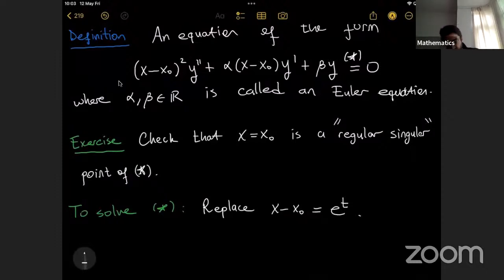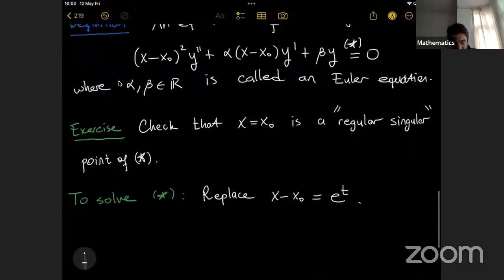Then let's see how we can replace this. We need the derivative of y in terms of t. Well, you can think of y as a function of x, and x also depends on t.